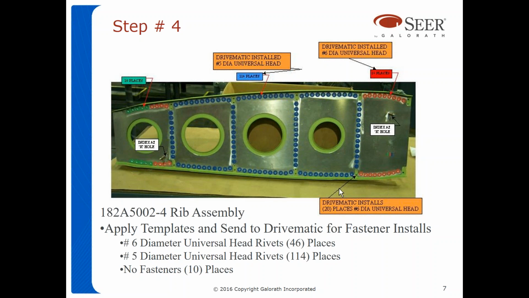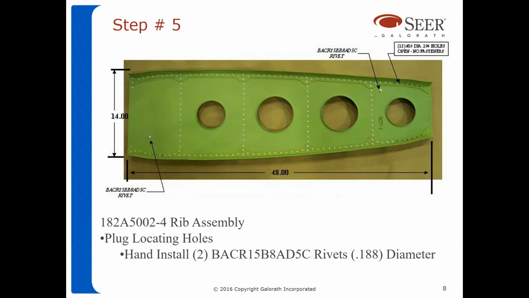Some are drive-matic, and we have this variety of rivets available within CR4 Manufacturing, and we also give you the capability of adding your own fasteners into the tool as well. So that's the finished article, and we will now go into CR4 Manufacturing and go through that entire process to manufacture this part.